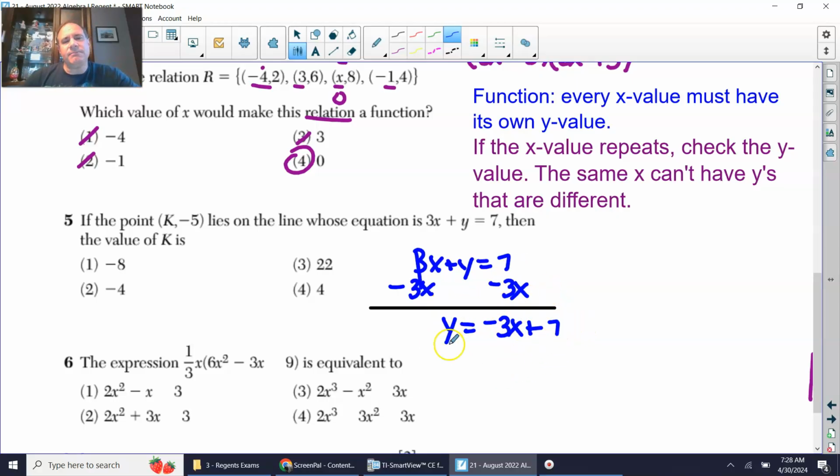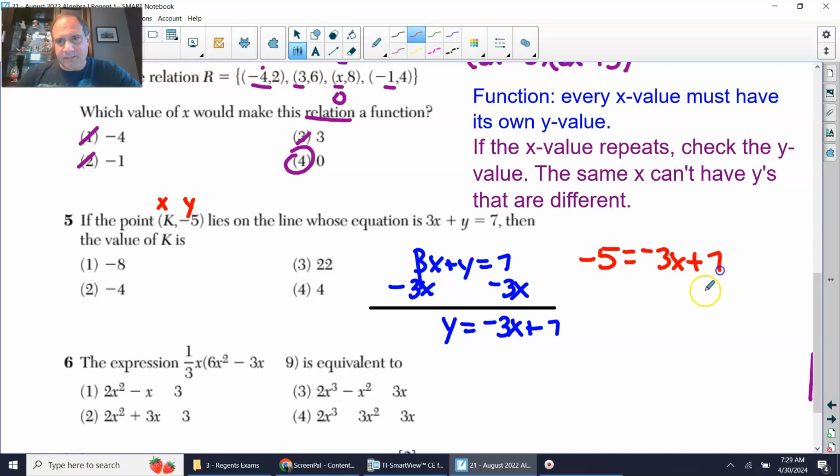Now you could either put this into the calculator, and that's really what I'm going to do, but I'm just going to go ahead and substitute. I'm going to do this by hand first, and then I'll show you exactly what's going on with the calculator. So instead of the y, it's -5. They're giving it to you. So you put the y in, and then you solve for x.